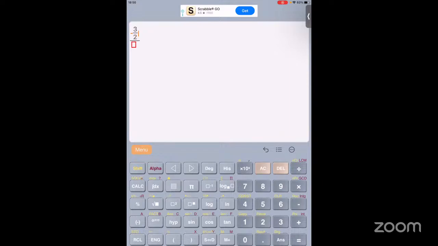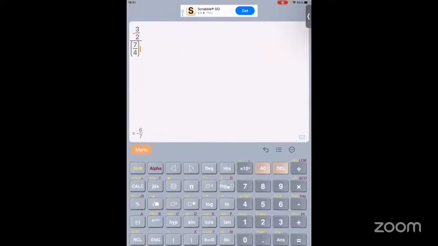Then you go to the bottom, then you open that bracket for the other one, which is 7/4. Can you see how it works, Manahil? Yes, sir. Can you try to punch it and see if you'll get that answer?